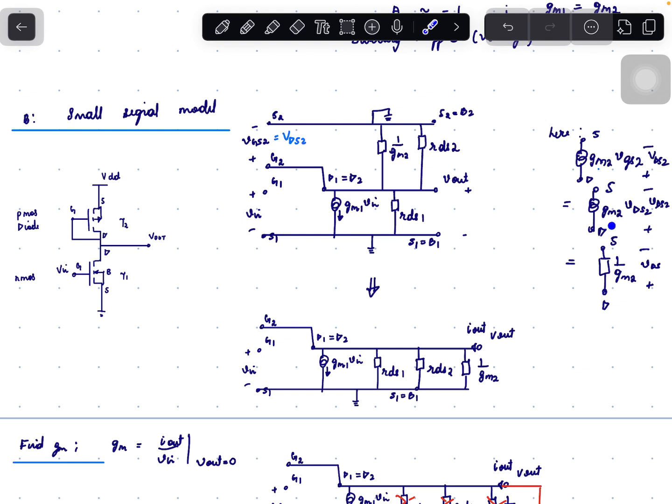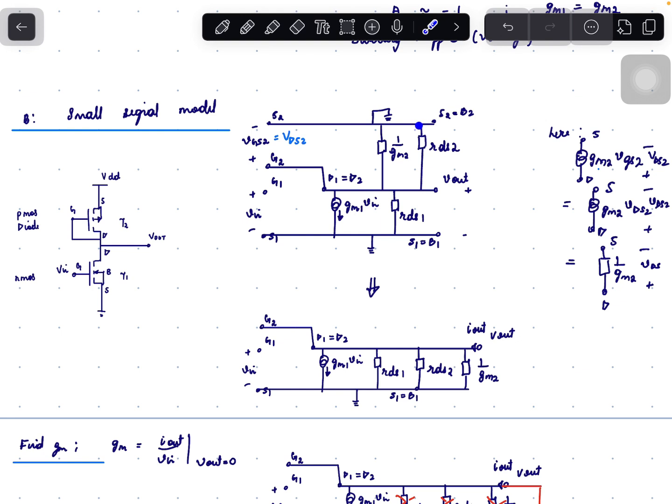In this case, the voltage controlled current source can be replaced by a resistor given by 1 by GM2, and the voltage across it will be equal to VDS. So we have written a resistor given by 1 by GM2 and the voltage across it is nothing but VDS, and then we have an RDS2 of T2 connected between Vout to ground.